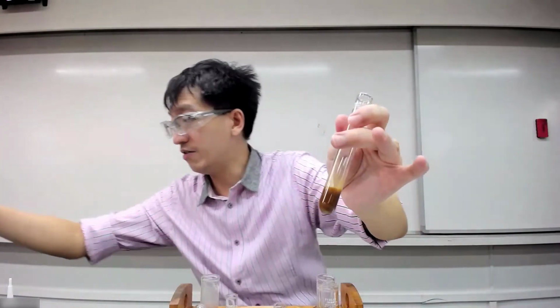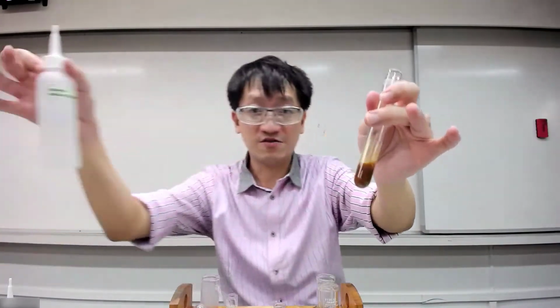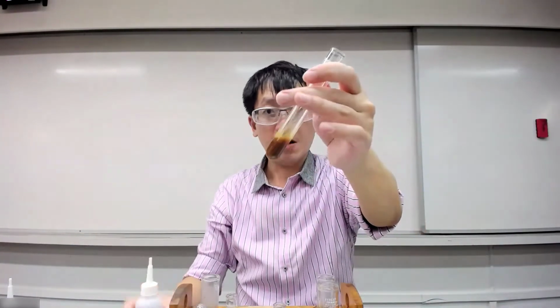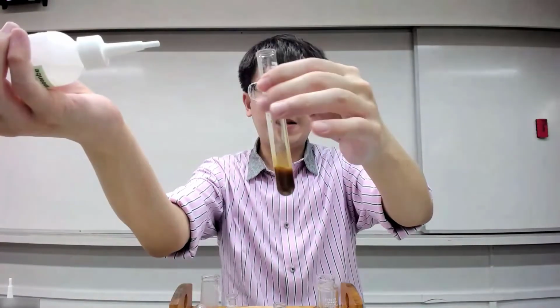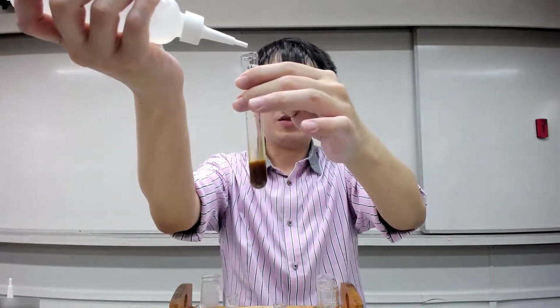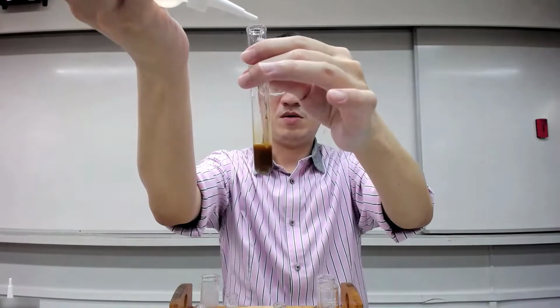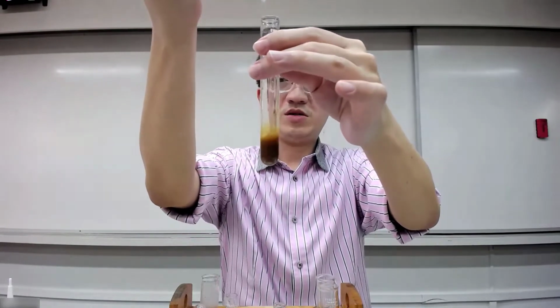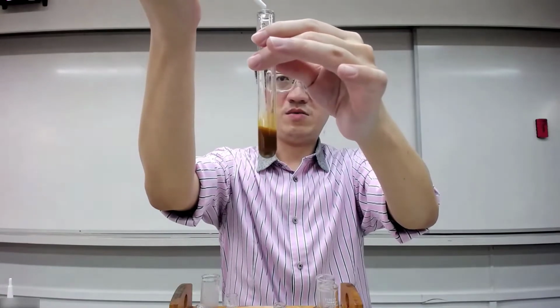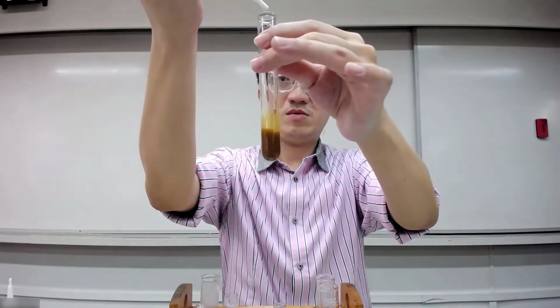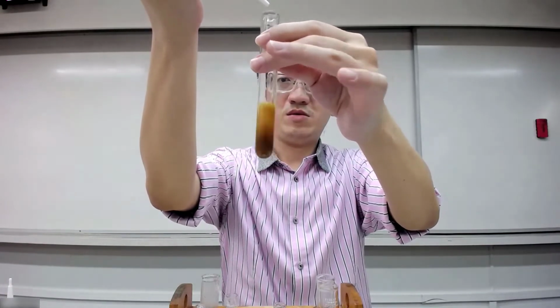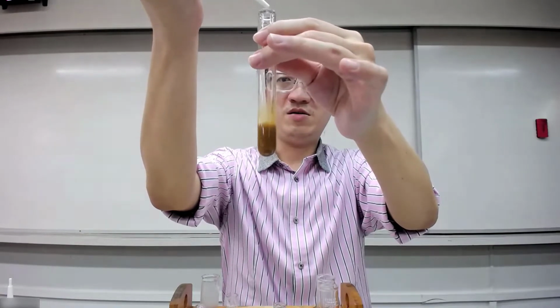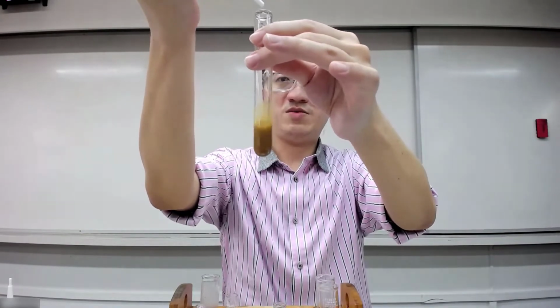So what I'm going to do now is add thiosulfate. So this thiosulfate. I'm going to just add it in. Then this is what you're going to observe. I'm going to add and swirl. Can you see that the brown solution actually lightens up a little bit?